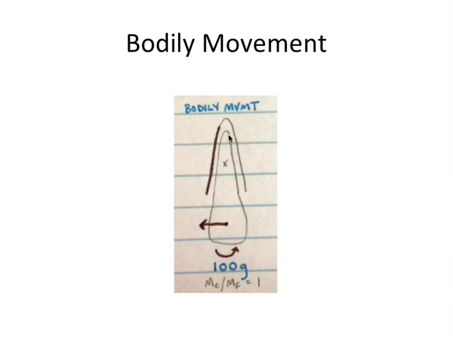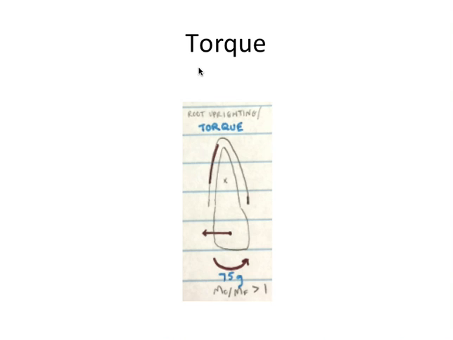It's at some infinite point away from the root tip, because the tooth is not really rotating, it's just moving straight across. So there's not really a center of rotation. And then for torque, it's moved towards the crown, because the root is the thing rotating. So hopefully that makes sense. When you do the pencil and push stuff around on the table, you can see how things are rotating.